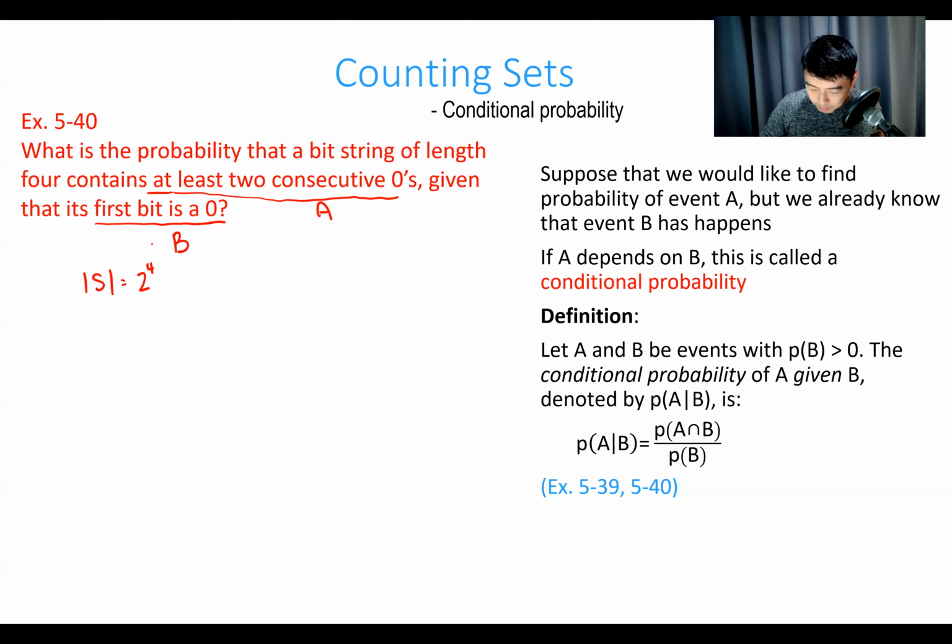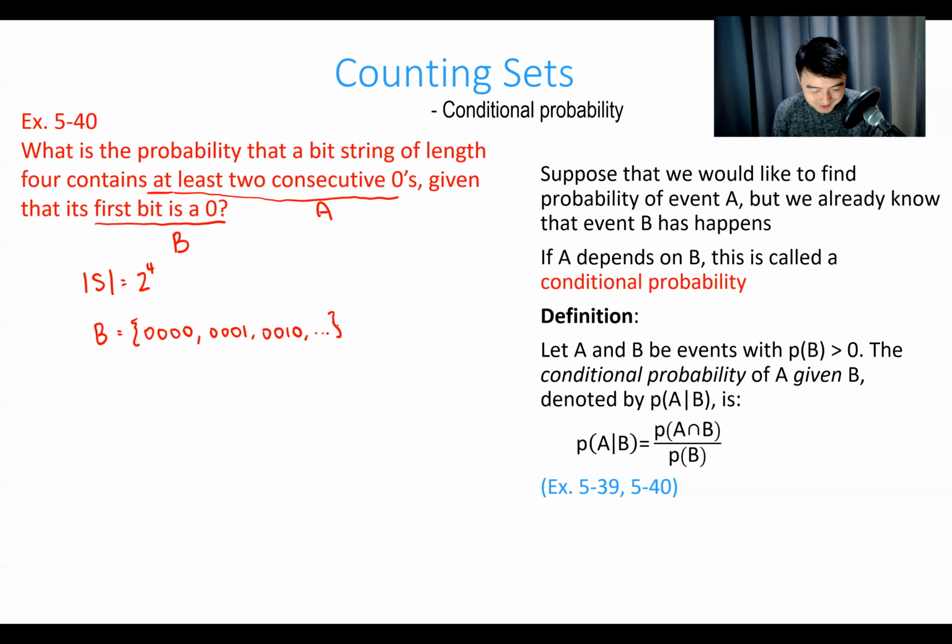Okay, what about the size of B? Let me list out what B is. It's the case where the string begins with a 0. One case would be 0, 0, 0, 0. Another would be 0, 0, 0, 1, then 0, 0, 1, 0, and so on. How many of these are there?